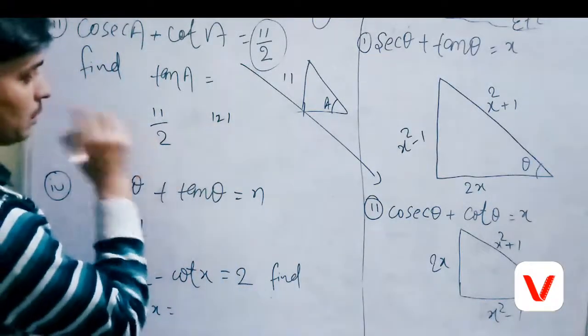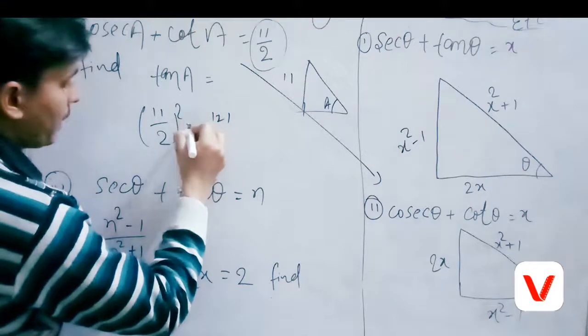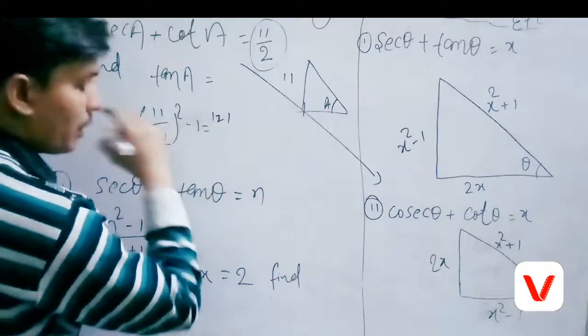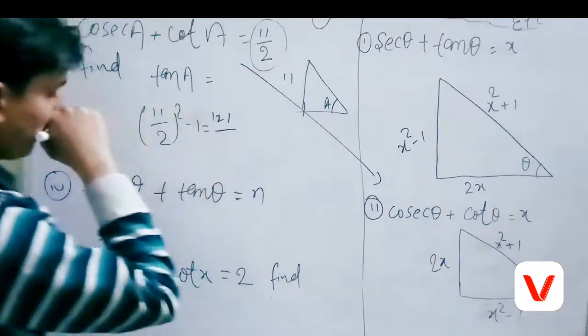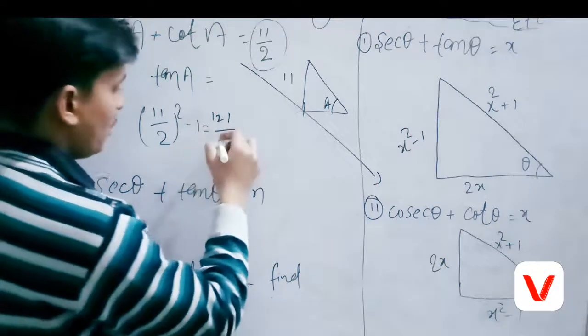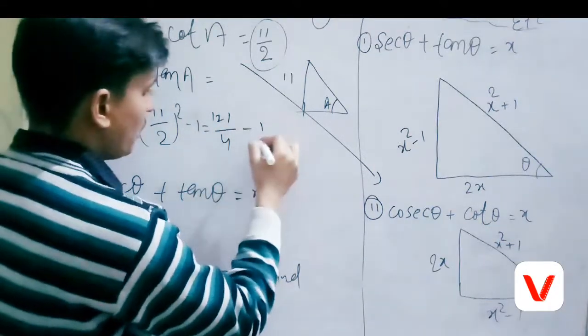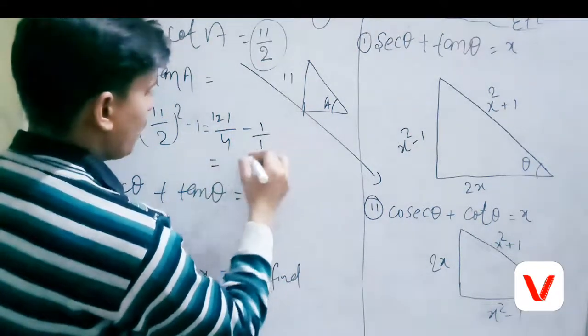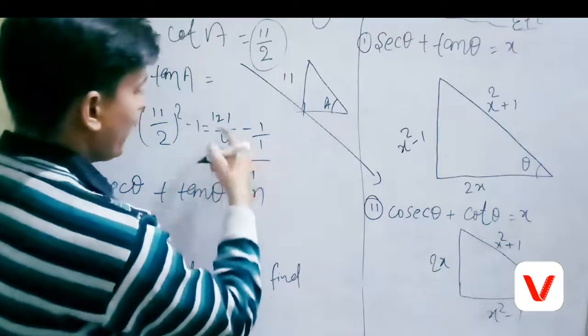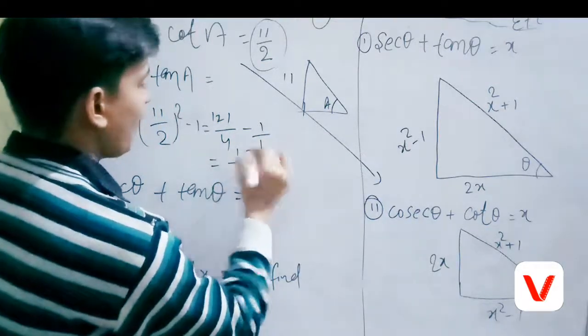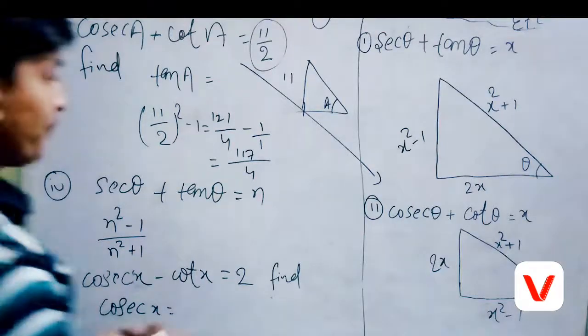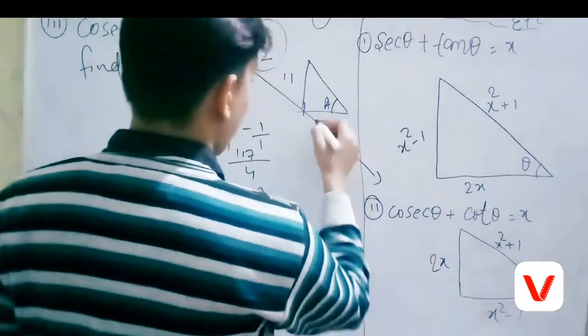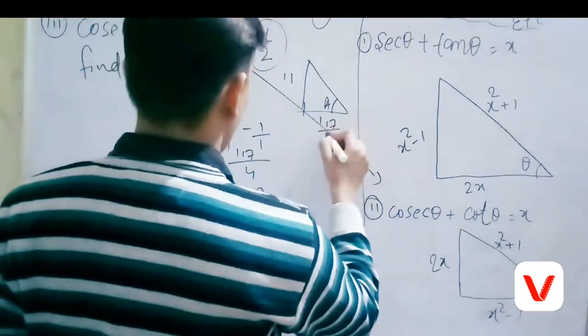11 by 2 square minus 1: we can write 11 square equal to 121, divided by 2 square, which is 4, minus 1. After taking the LCM we get 4, and we can write 117. So the base here is 117 by 4.